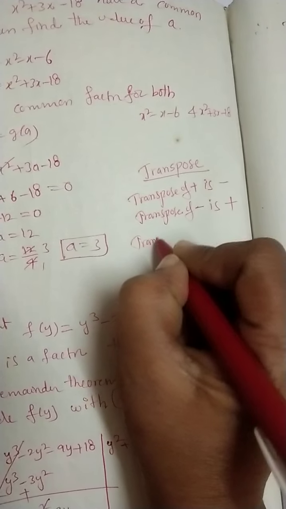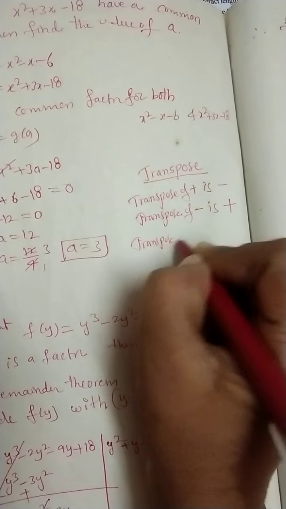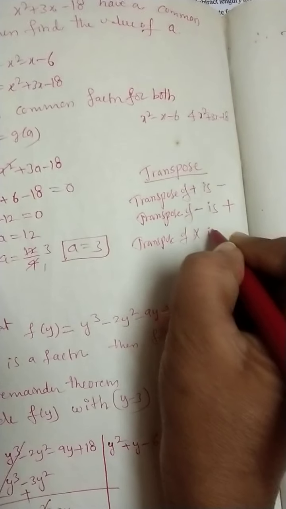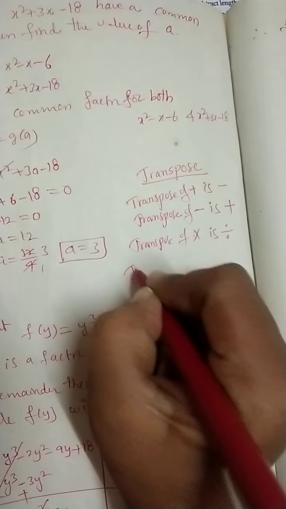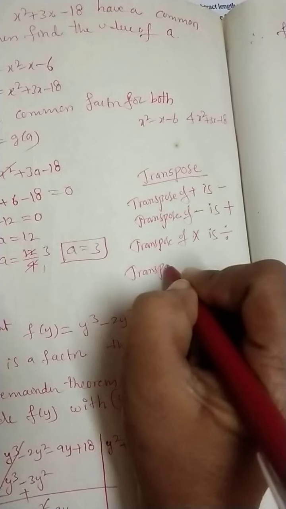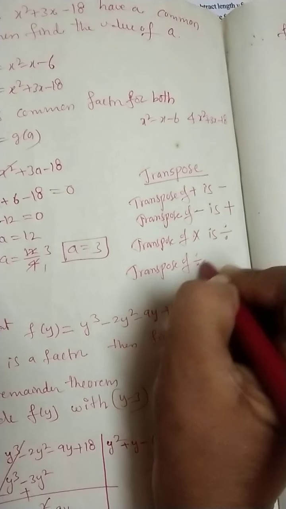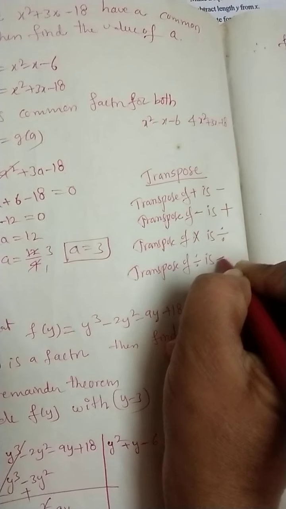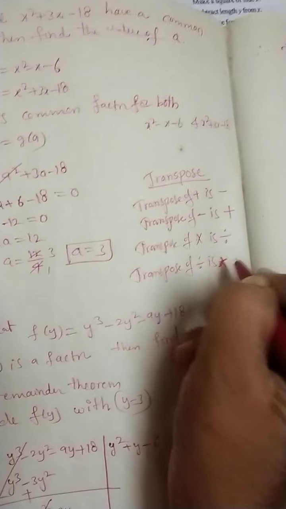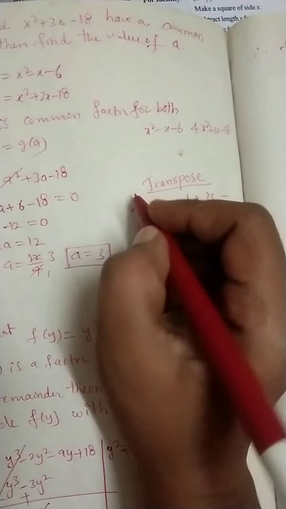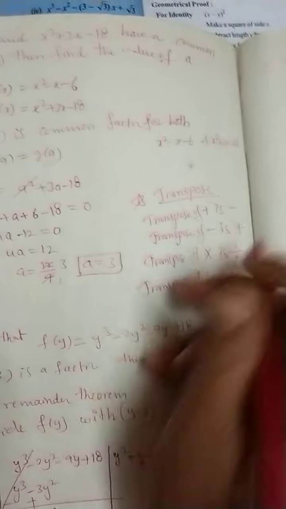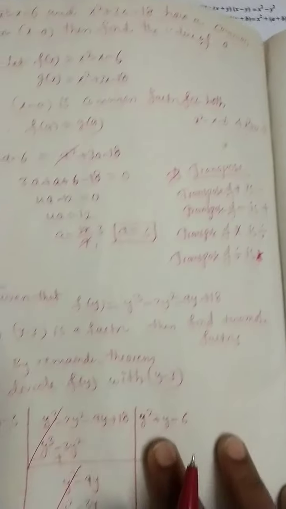The transpose of multiplication is division. The transpose of division is multiplication. That you have to remember. Okay, these are the transposing rules, important while calculating.